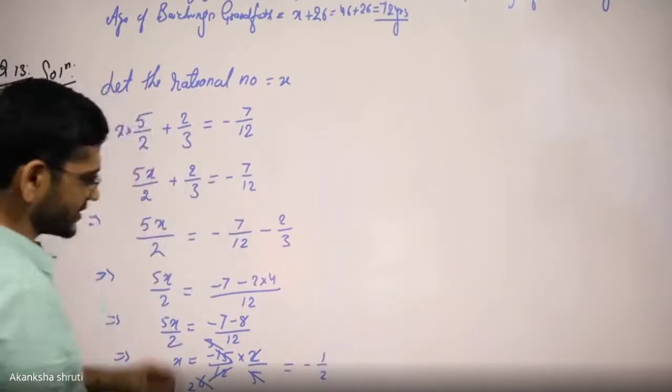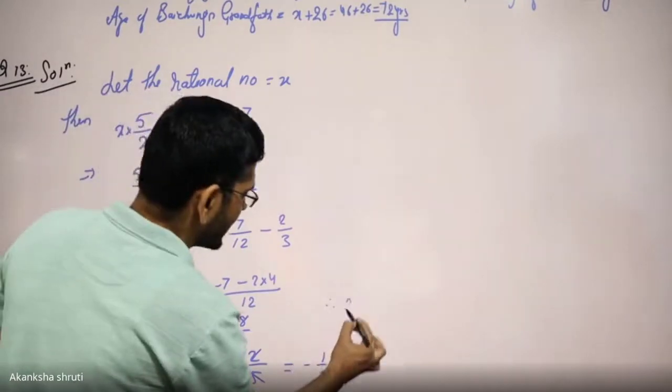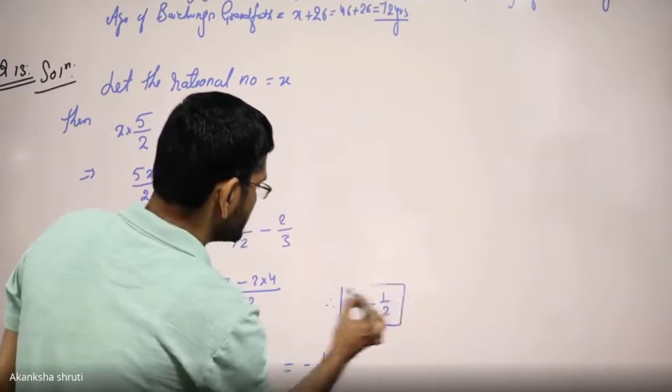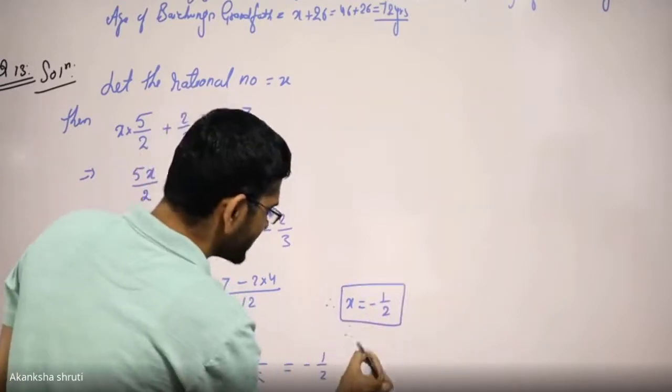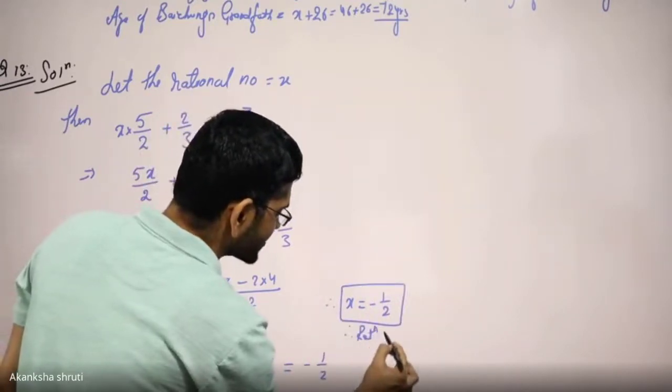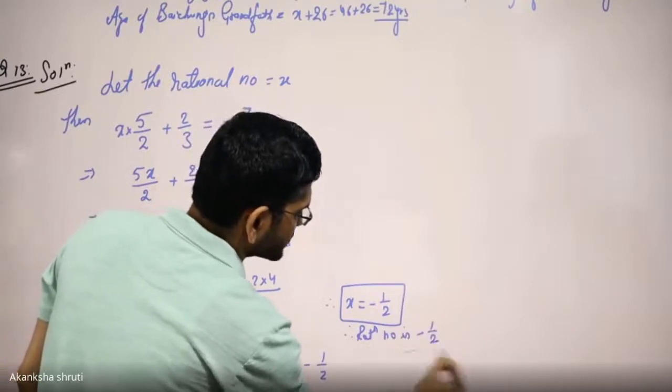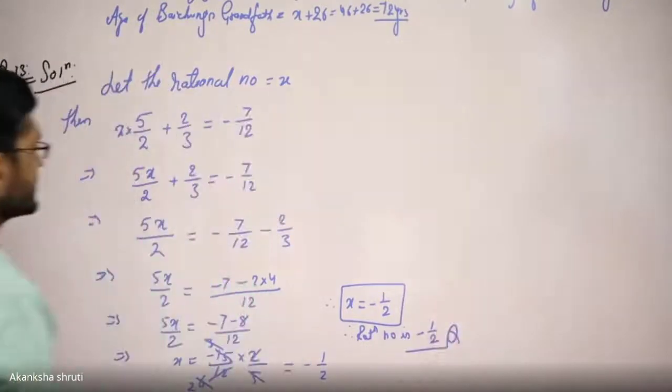So X is minus 1 by 2. So therefore our rational number is minus 1 by 2. This is the answer.